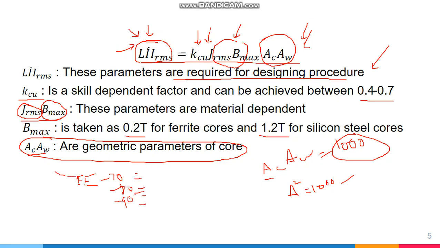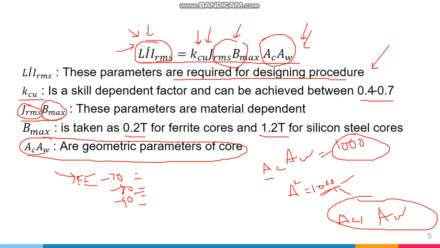So using the data sheets of this EE core 70, 80, 90, you will determine AC and AW independently. You will multiply both of these values and check if this value is equal to or greater than this product.